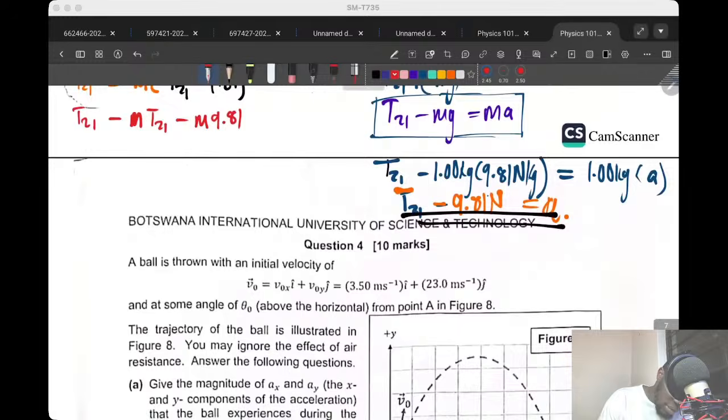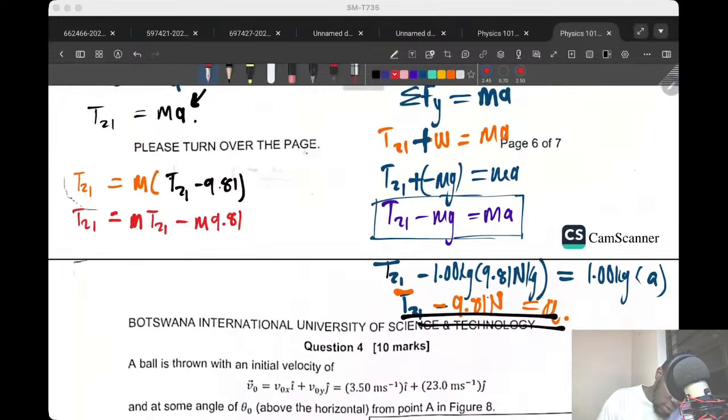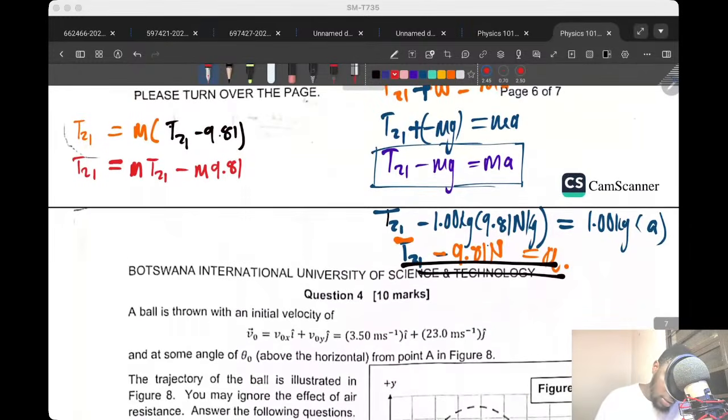Now we're going to put T21, okay? It is equal to m T21 minus, here you're going to say T21. So what do you get? T21 minus, or we can take it to the other side and we have here m by 9.8 is equal to m.